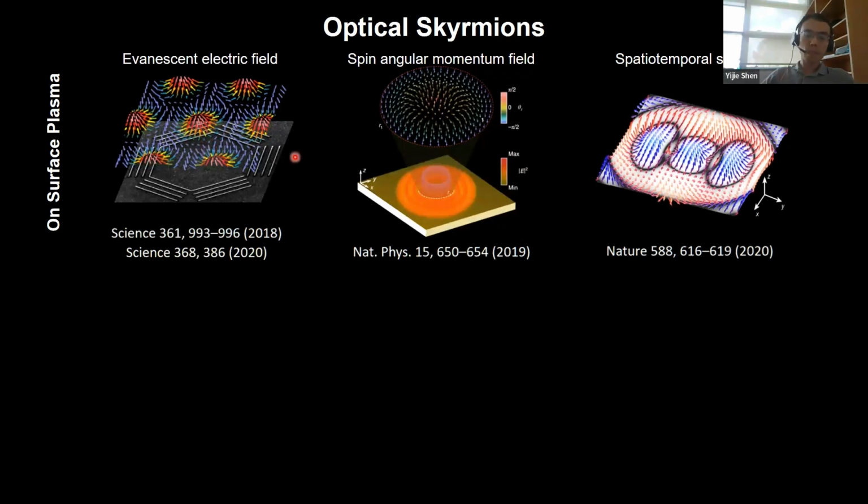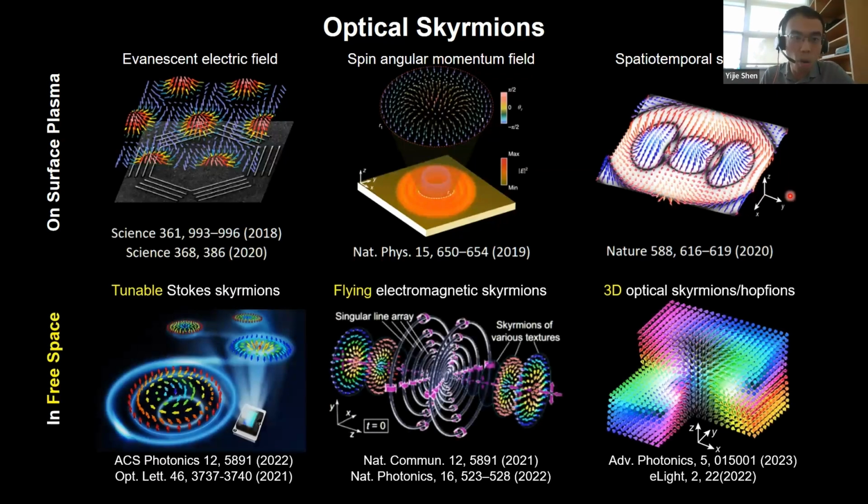Soon after, other kinds of optical fields, for instance the spin angular momentum vector, could also be shaped onto a metal surface to form an isolated skyrmion texture. And soon after, many other diversified topologies, such as fractional merons, were shaped.